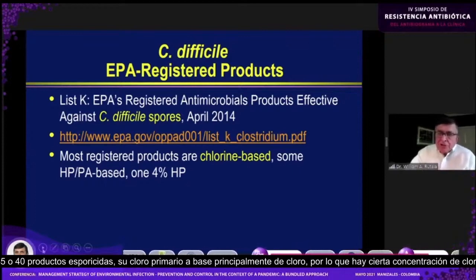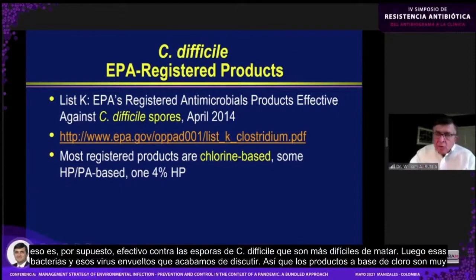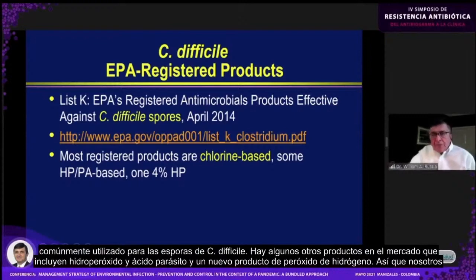So there's some concentration of chlorine that's effective against the C. difficile spores, which are harder to kill than those bacteria and those enveloped viruses we just discussed. So chlorine-based products are very commonly used for C. difficile spores. There are some other products in the marketplace, including hydrogen peroxide and peracetic acid and a new hydrogen peroxide product.